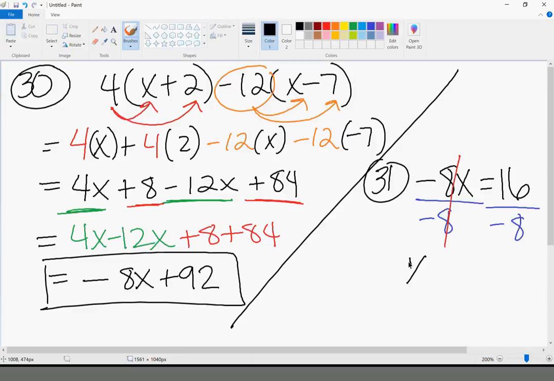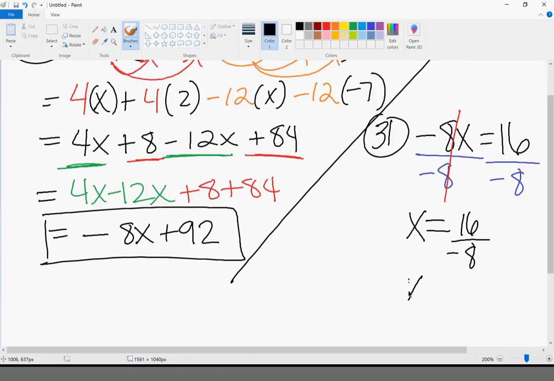So on the left, I just have x equals, and now 16 over negative 8 is the same thing as 16 divided by negative 8. And because I have different signs, my answer is going to be negative. And 16 divided by 8 is 2, so the answer is going to be negative 2.